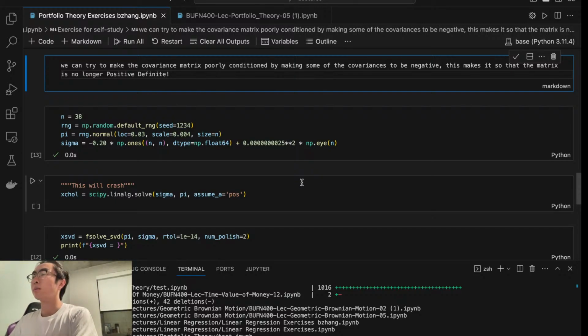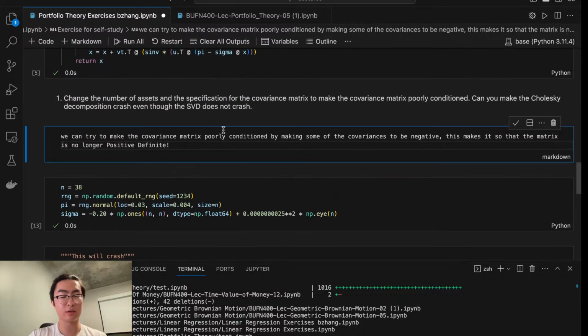What is a singular matrix? I see, yeah, so not necessarily. It's no longer positive definite.